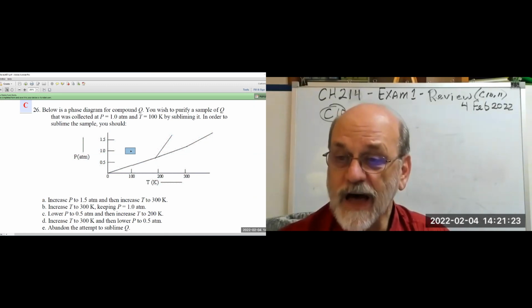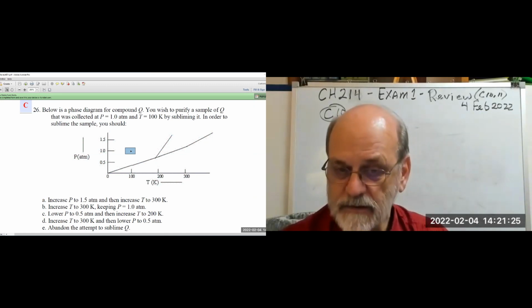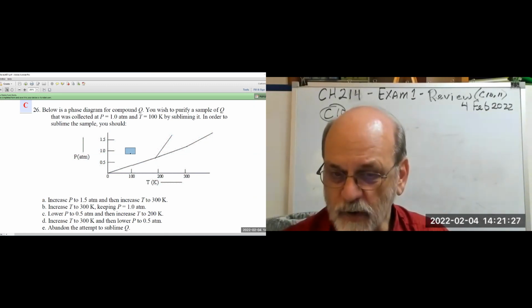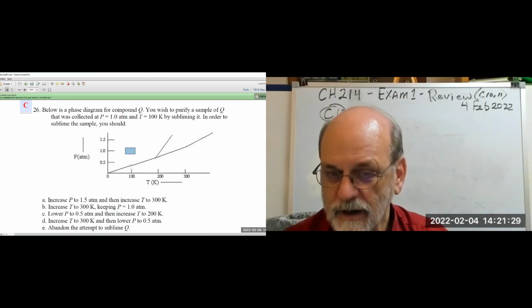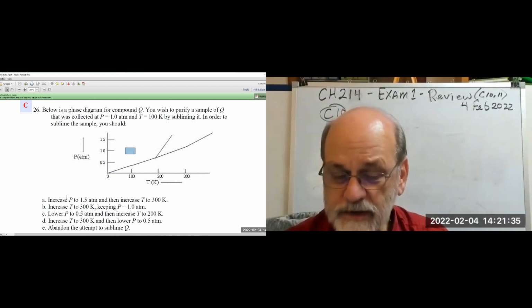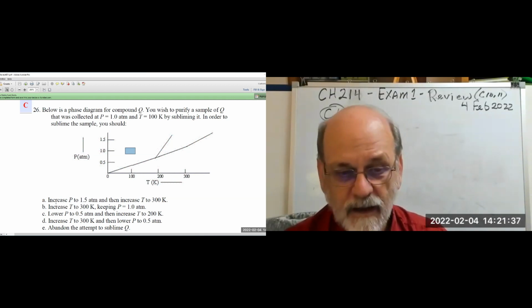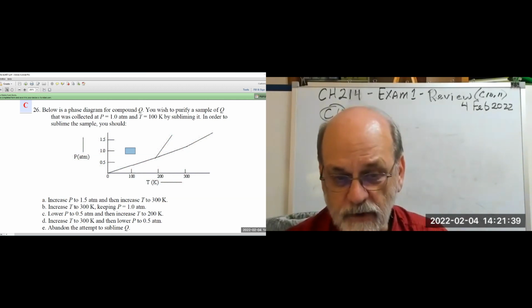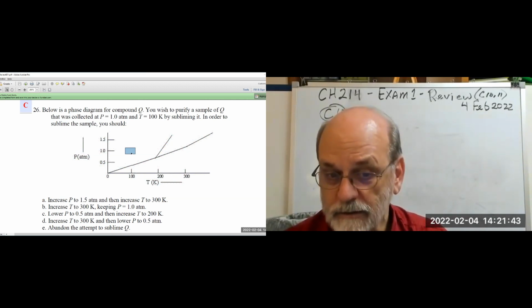You got to go from solid to gas. So you got to decrease the pressure and then increase the temperature. Increasing the pressure won't do it. Increasing the temperature, keeping the pressure at 1 atmosphere, won't do it, because that'll take it through liquid.